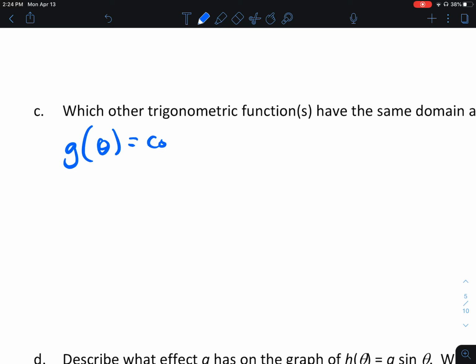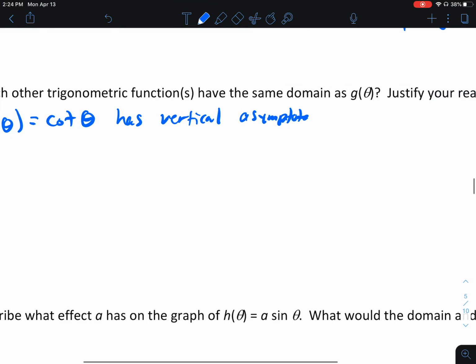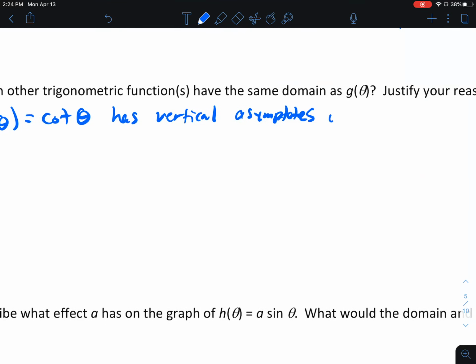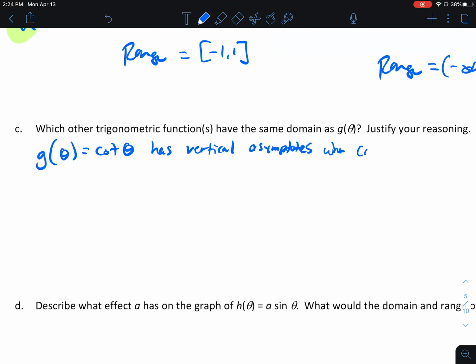G of theta, which is cotangent of theta, has vertical asymptotes when cotangent of theta equals, now remember that cotangent of theta is the reciprocal of tangent.